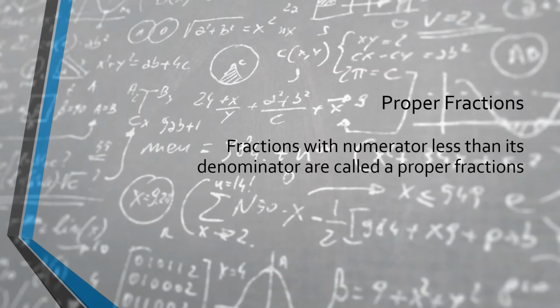Let us understand what a proper fraction is. Fractions with numerator less than the denominator are called proper fractions. Let us again take an example, 2 by 5. Here you can see 2 is your numerator and 5 is your denominator. So 2 is less than 5. Hence 2 by 5 is a proper fraction.